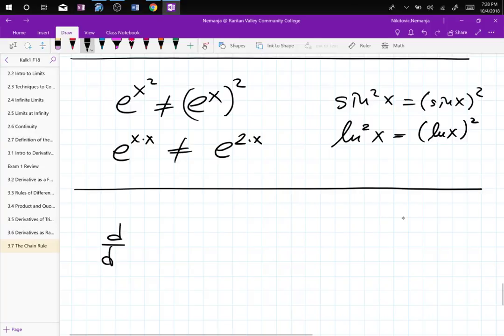The derivative of x squared e to the sine x.